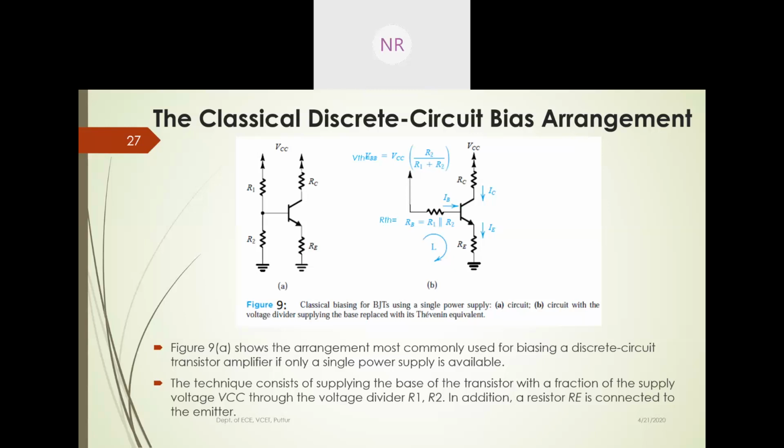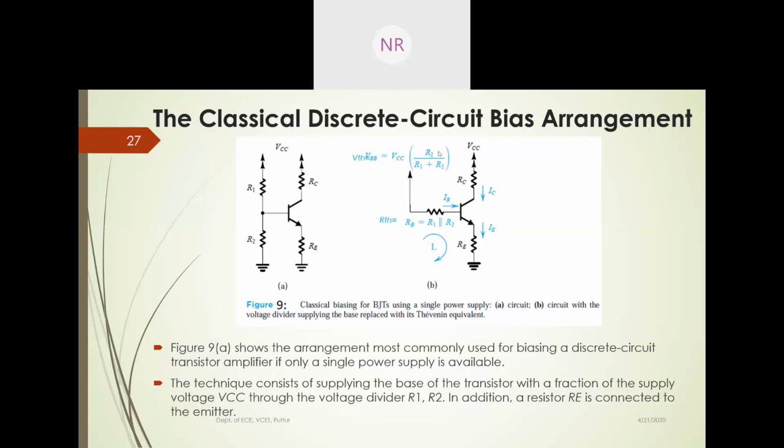Okay, so this is the equivalent circuit. You should know what VB is. So to calculate VB, we have applied Thevenin's theorem; we are going to calculate the Thevenin's equivalent of this resistor network. That is nothing but the voltage divider rule we are going to apply. The voltage across R2 you are going to calculate.